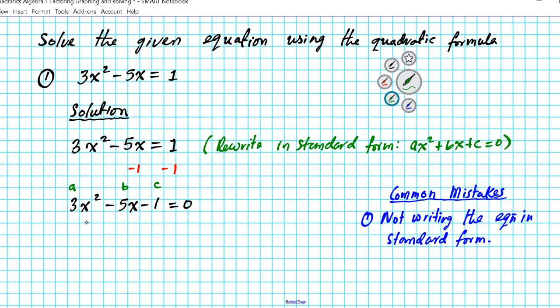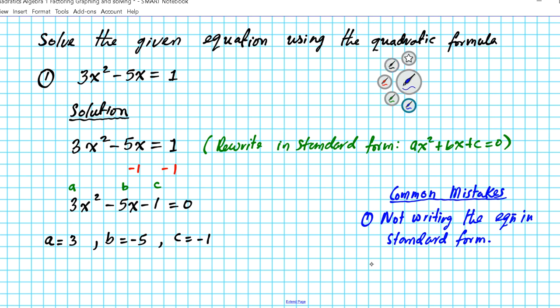So let's write down what they are. a is equal to 3, b is equal to -5, and c is equal to -1. Do you see why it's important to write the quadratic in standard form?